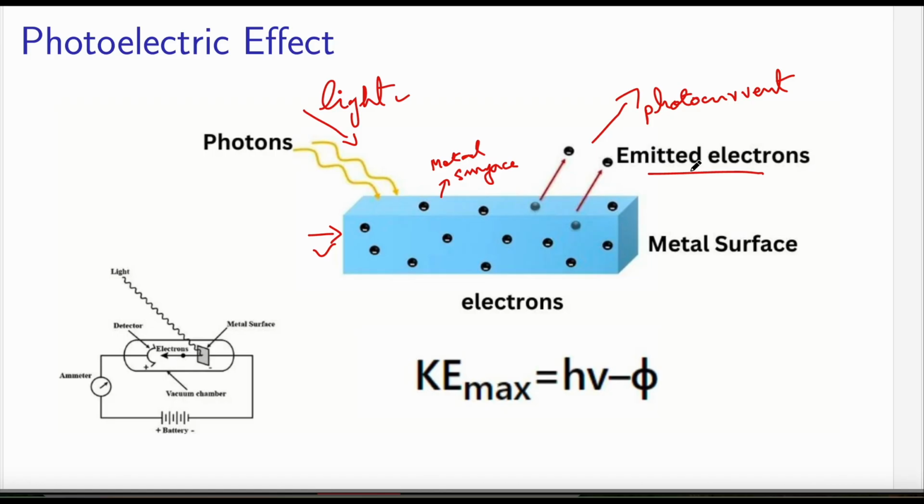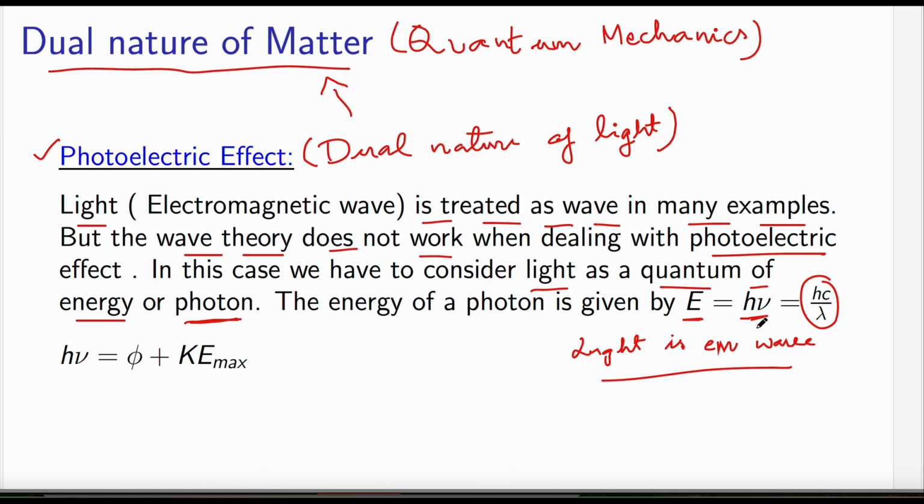This phenomenon is called photoelectric effect, and it demonstrated that light is composed of particle-like quanta, which are called photons, and those particles carry a quantum of energy E is equal to h nu.